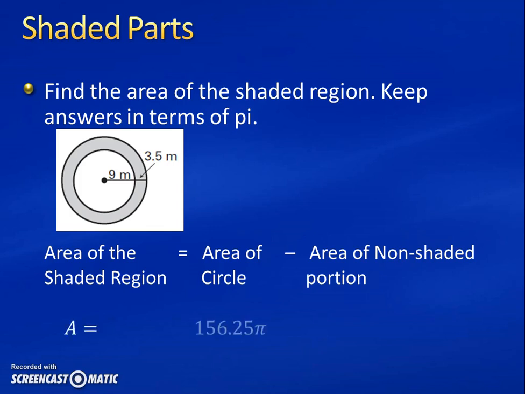Okay, so the area of the circle: the radius of the small circle inside is 9, the whole thing is 12.5. So 12.5 squared pi is 156.25 pi. Then we're going to subtract the 81 pi, which is the area of the small circle. 9 squared is 81. Then we subtract those, and we find that it's 75.25 pi. So that's the area of the shaded region.